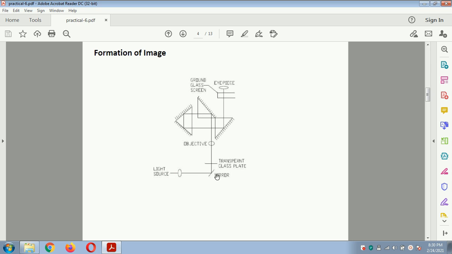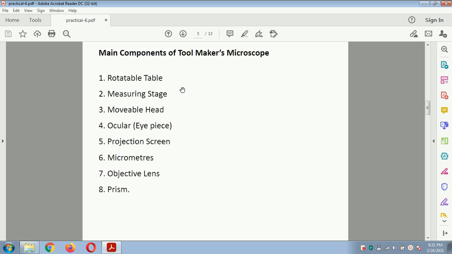So these diagrams can be obtained in this way, or you can go in reverse. This is a mirror on which the light source is taken. With this mirror, the light goes up and down, and in this way the image is formed. All the students, do you understand this diagram? This diagram is very important from the practical point of view.